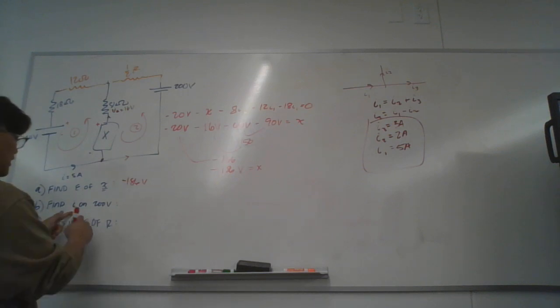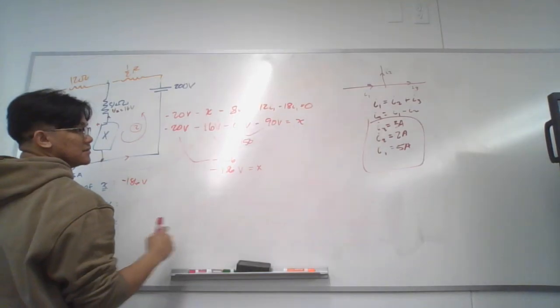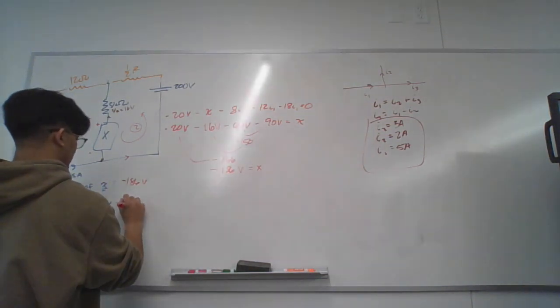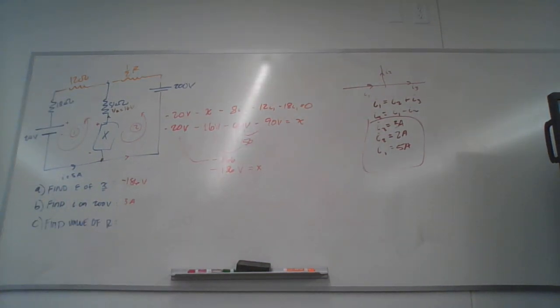We actually have the currents flowing through the 200 volts. It's going to be I3, so we have 3 amps over here. So now find the value of our resistors. Cool.